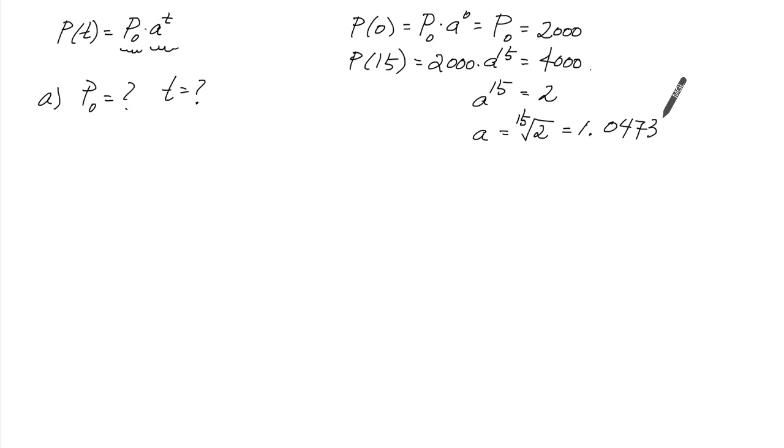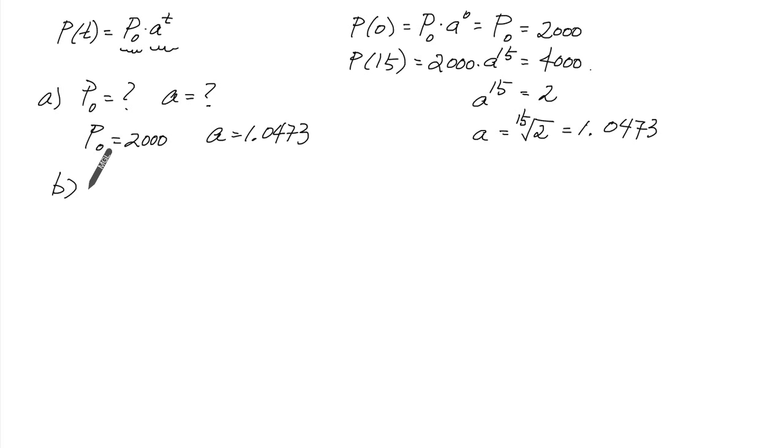I'll put 4 decimal places there. So that answers part A. P0 is 2,000 and a is equal to 1.0473. And I'm just going to make a correction here: instead of us looking for t, we're looking for a.